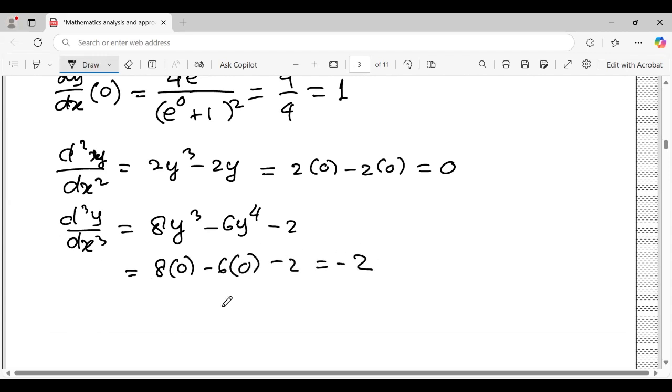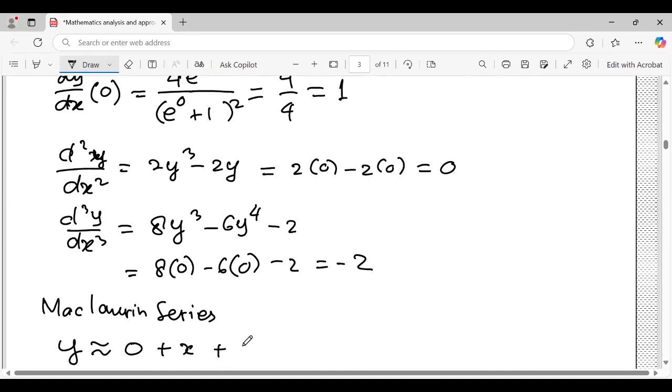So the Maclaurin series becomes y equals y0, which is 0, plus 1 times x, because dy dx is 1.